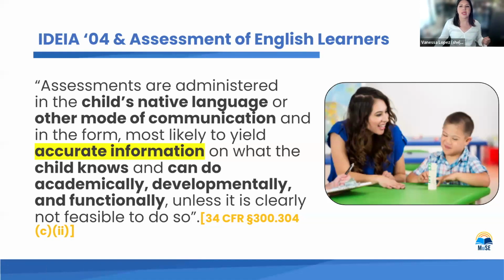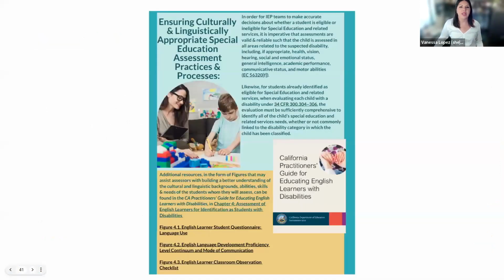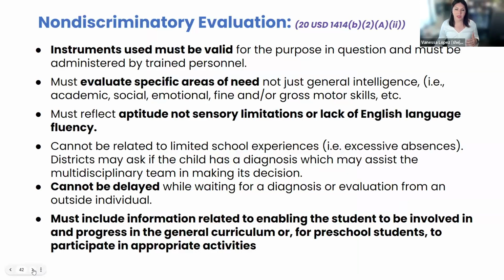We're wanting to see patterns of strength and weakness, what the child can do academically, developmentally, and functionally, because that in and of itself then becomes our baseline as we monitor progress should the child meet eligibility criteria through culturally and linguistically appropriate special education assessment practices and processes, and in the implementation of the IEP.